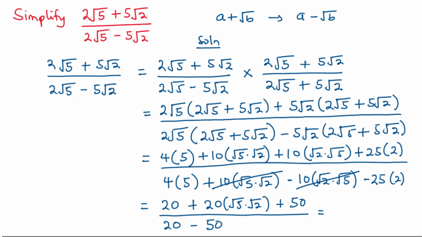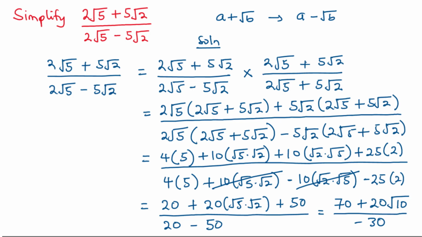Now let's further simplify. So we have 20 plus 50, and this is 70. So we have 70 plus 20 root 10. Now root 5 times root 2 is root 10. We have this divided by 20 minus 50 is negative 30. At this point, we can factor out 10 and then divide through.